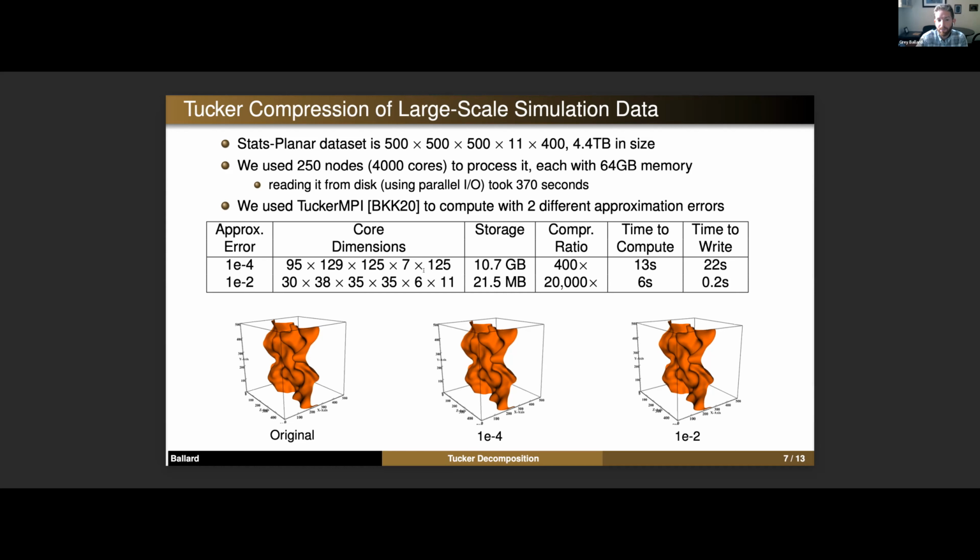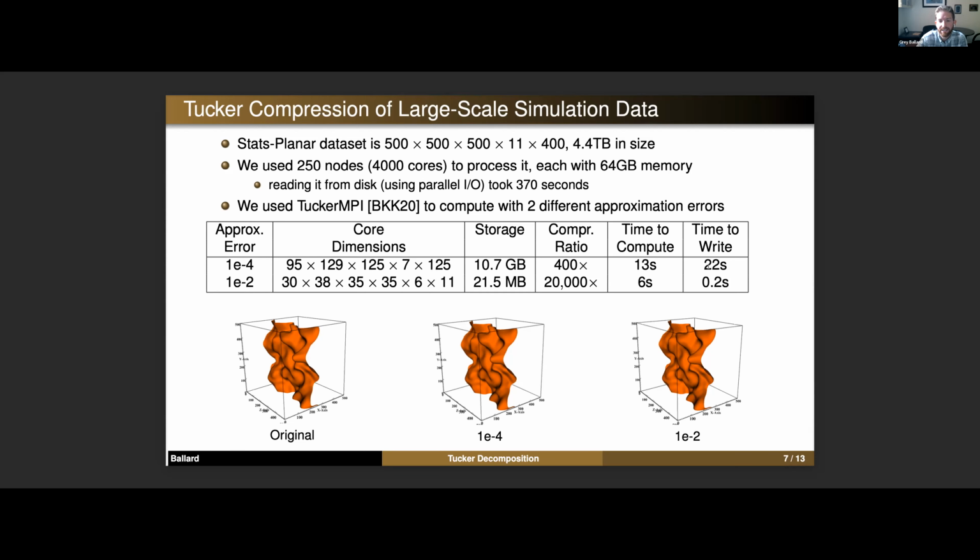If you look at the memory footprint for these, we get down to gigabytes in the case of the accurate approximation. That means we're changing terabytes into gigabytes. This is like 2 orders of magnitude compression. So now this is something that fits on a laptop, for example. And we can compute it on the order of seconds. And writing this out to disk is on the order of tens of seconds rather than minutes.